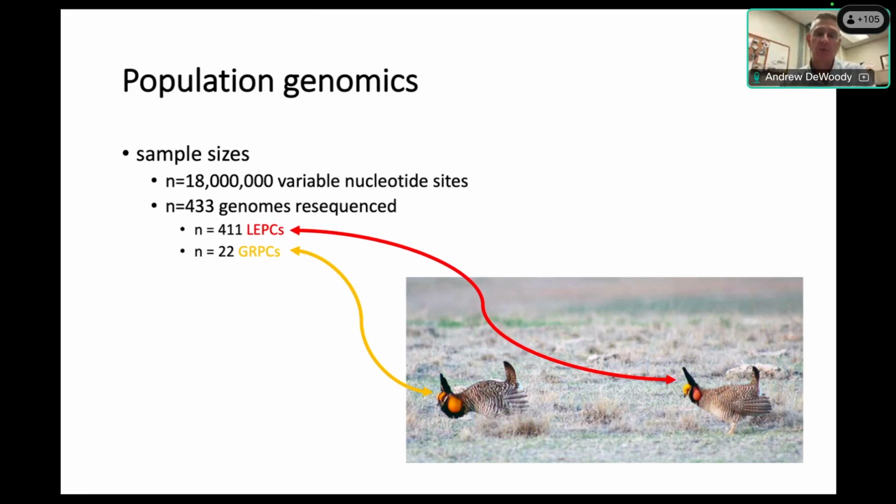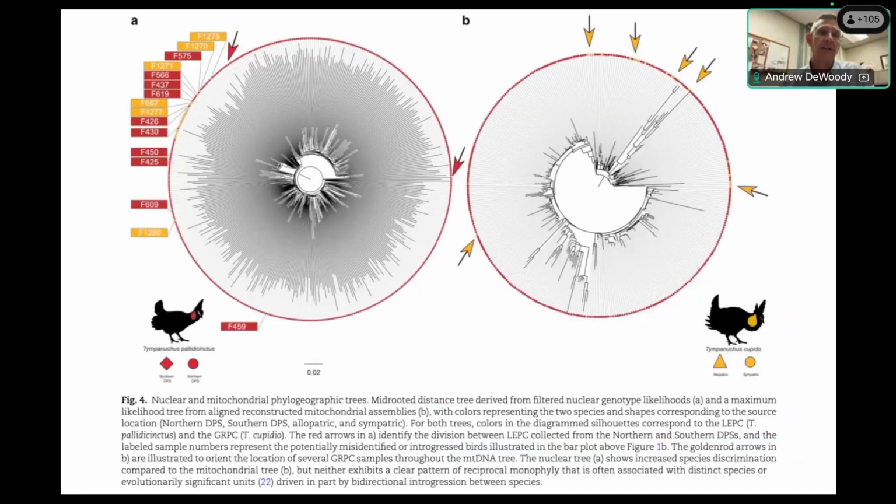What was less clear before our study is whether genes actually made it from the greater into the lesser or the lesser into the greater, or whether they ended up in sterile offspring, right, that maybe were infertile, in which case it would sort of be a genetic dead end. And so our study addressed this.